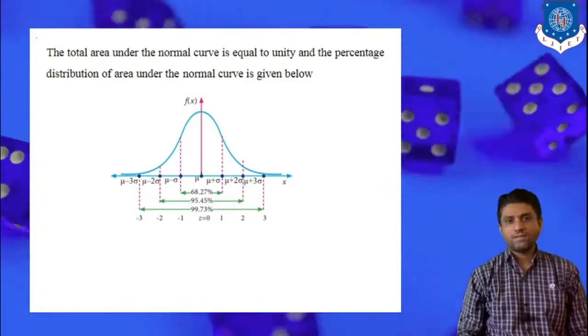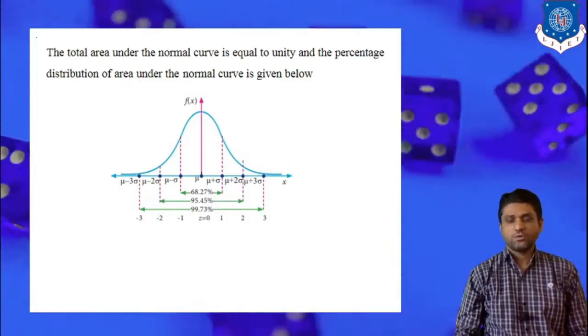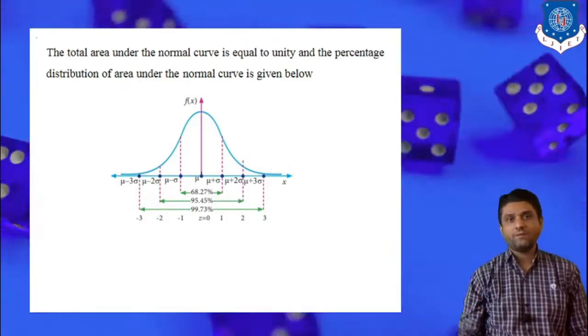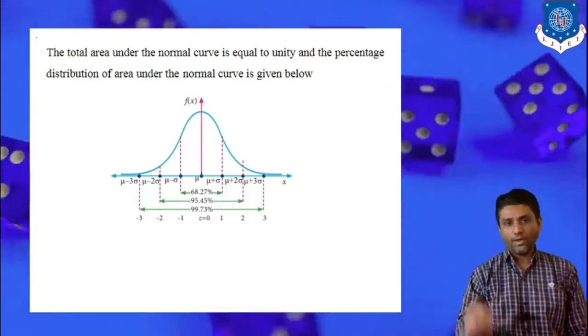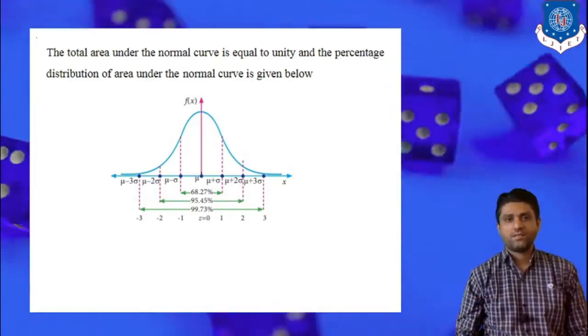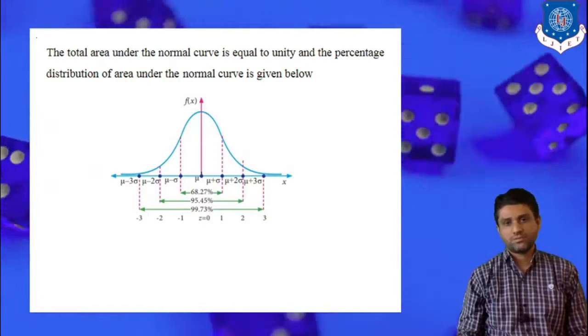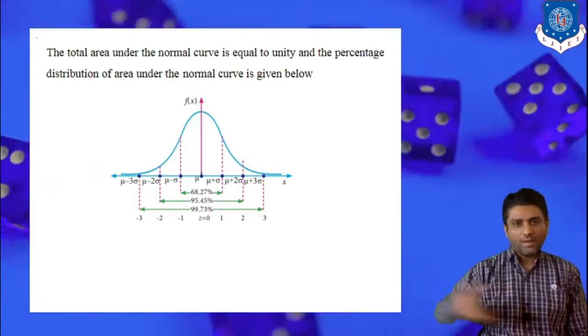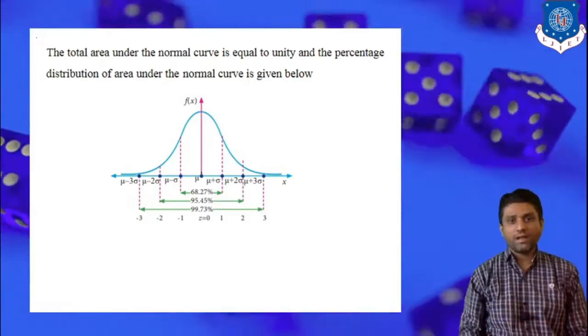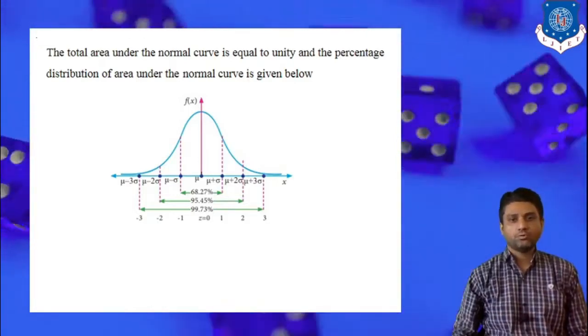And we assign a coordinate axis. To cover this 99% area of the Z distribution, the coordinates on the x-axis are minus 3 to 3. So the maximum range covered on the real line is minus 3 to 3.